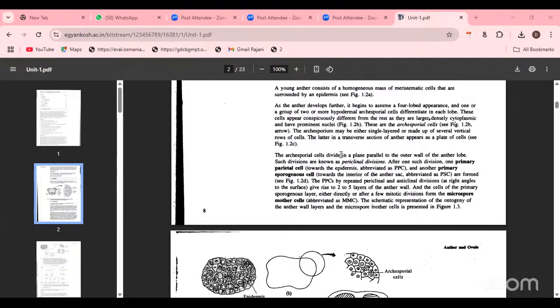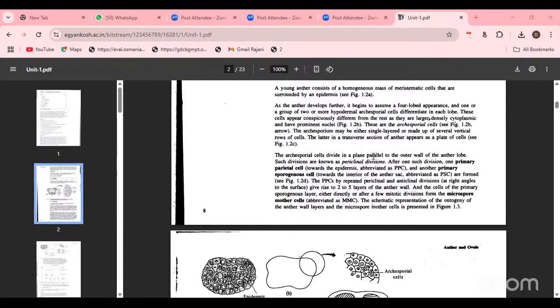Both, after the one division, where in the anther lobe, the first division of the archesporial cell is a plane parallel division to the outer wall of the anther lobe. Where the outer layer of the anther lobe is there, in that part the first cell division is parallel to the plane. Such division is called periclinal division.